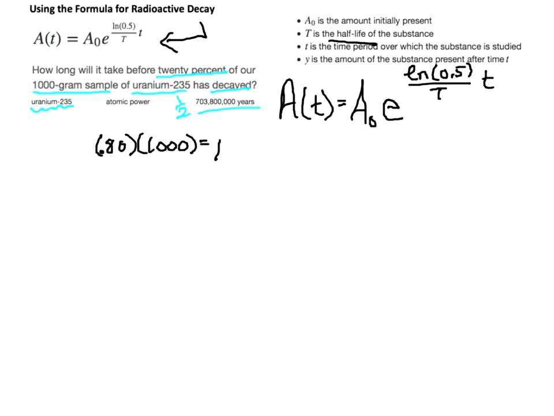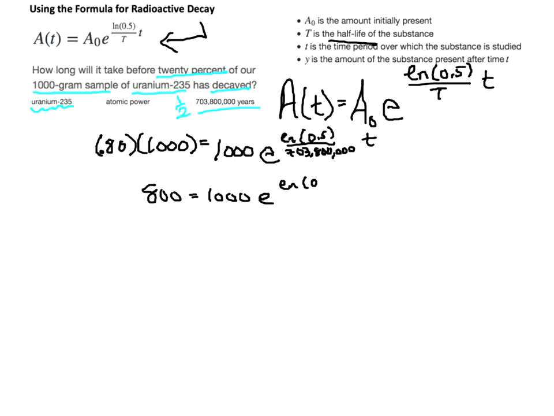The sample that I begin with is 1,000 grams, and I'm multiplying that by E raised to the ln of 0.5 divided by big T, the half-life of the substance, 703,800,000, times T, and I'm solving for T. Okay, so 80% of 1,000 is 800. So I'm trying to figure out, when will I be left with 800 grams?